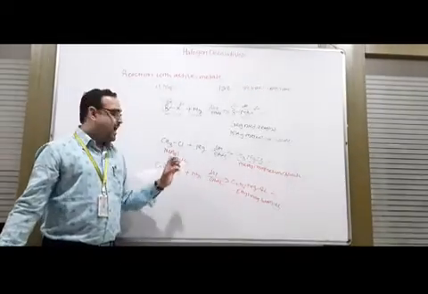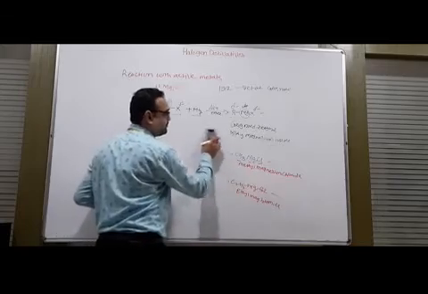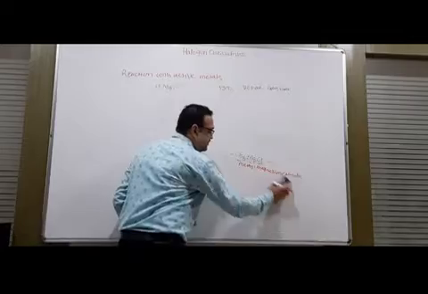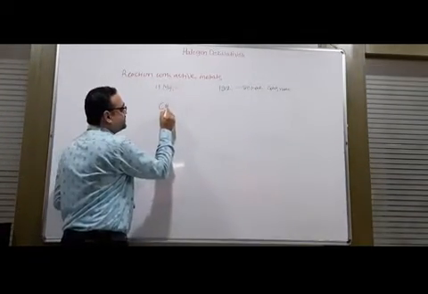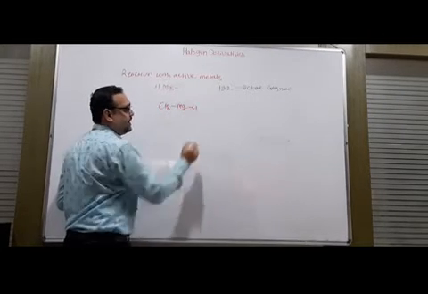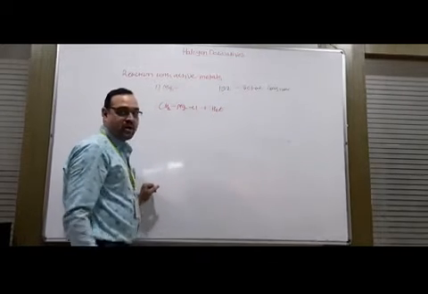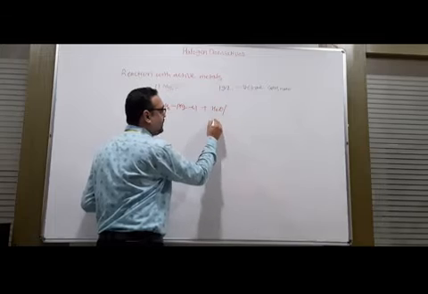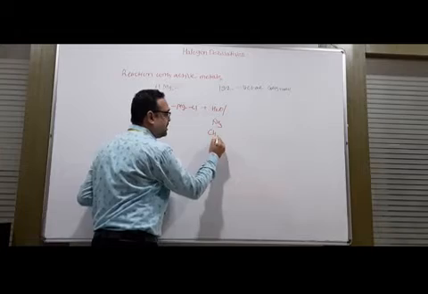Okay, let's see how reactive this Grignard reagent is. When this Grignard reagent, that is CH3MgCl, reacts with water or a compound having a lone pair of electrons, meaning an electronegative group, or CH3OH.